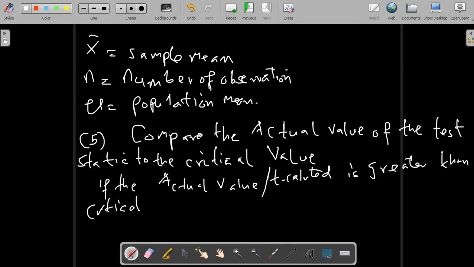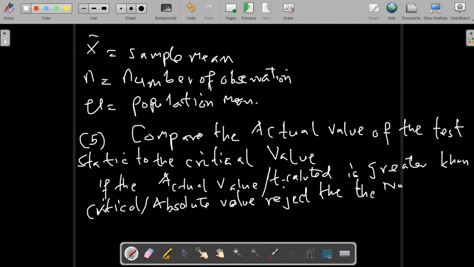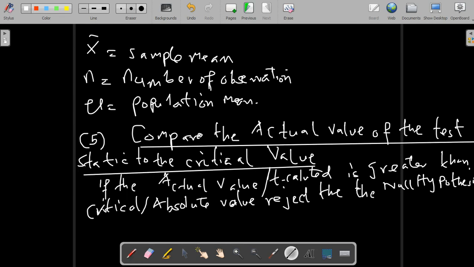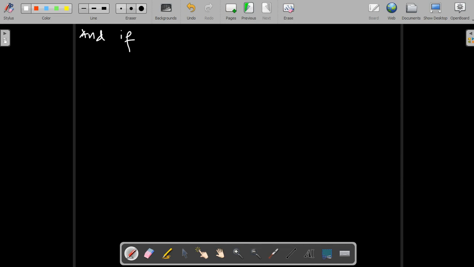If we reject the null hypothesis, we say that the estimate is statistically significant at a given level of significance. So if our t calculated is greater than the t tabulated, we reject the null hypothesis, and if the t calculated is less than the t tabulated, we accept the null hypothesis.